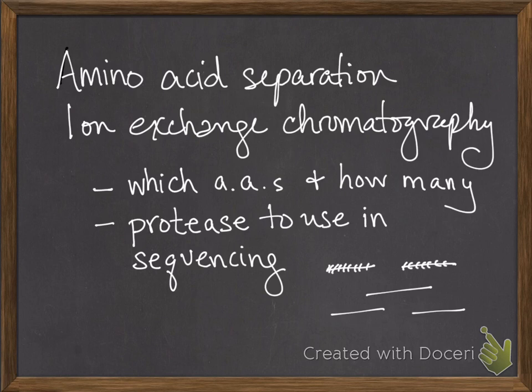So the better fragmentation you get, the better your results will be. And I should say that actually it's the proteases you use, not protease, because you technically do several different protease treatments on separate protein samples and then compare the overlaps.